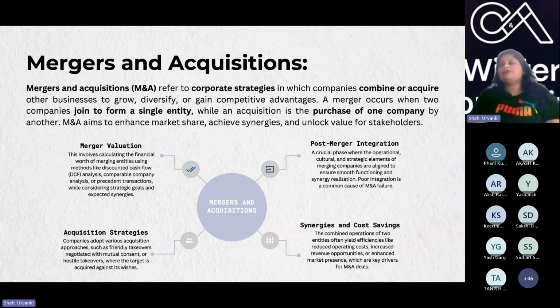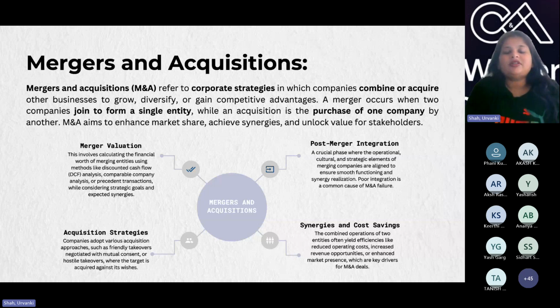So now advanced topics are mergers and acquisitions, right? We hear a lot about the Vodafone Idea deal. What was it? It's a merger. Why do companies go for it? Mergers can be hostile or friendly. We see at times that RBI or SBI funds certain banks, right?